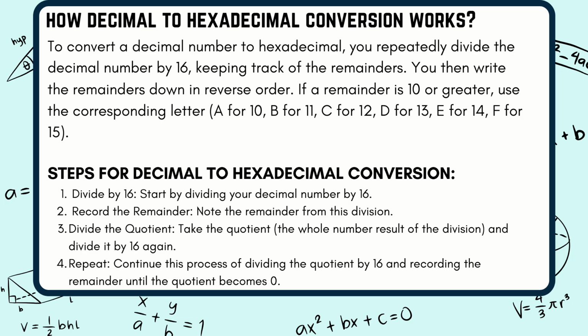Step 3, divide the quotient. Take the quotient, the whole number result of the division, and divide it by 16 again. So you will repeat it to divide again by 16. In step 4, repeat. Let us continue this process of dividing the quotient by 16 and recording the remainder until the quotient becomes 0, just like the decimal to octal.